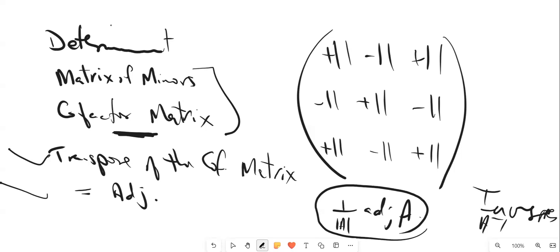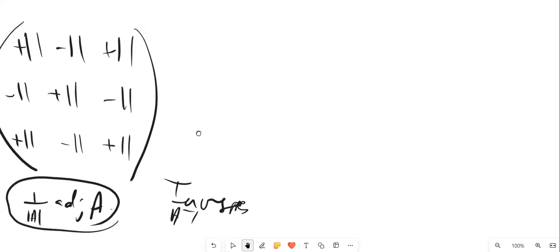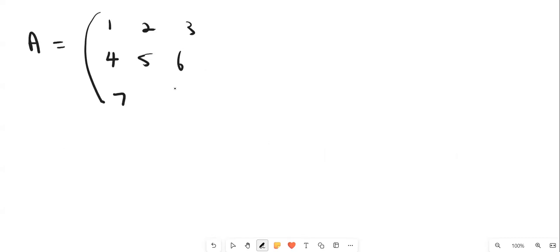Right, so that's a little bit there. I want you to try this one, for the remaining time. A equals the matrix 1, 2, 3, 4, 5, 6, 7, 8, 9.